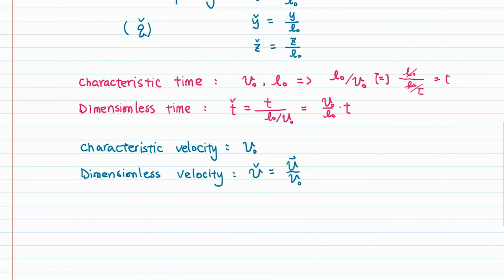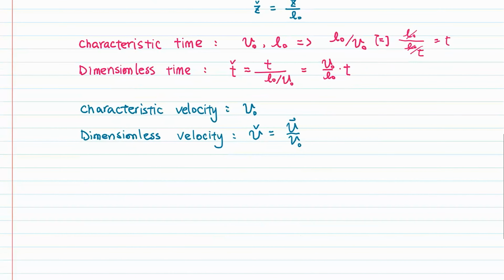Okay, let's further look at the terms in the equations of continuity. So let's look at pressure. If you look at the pressure, we can define some characteristic pressure. Okay, and the characteristic pressure basically can be oddly defined, or not as intuitively known, but we typically define our characteristic pressure using the density of the fluid multiplied by the square of the characteristic velocity.